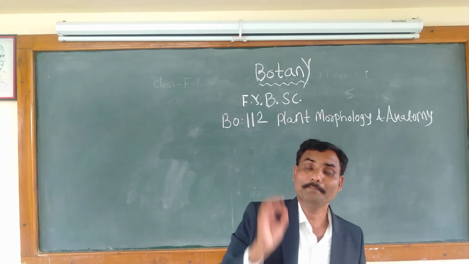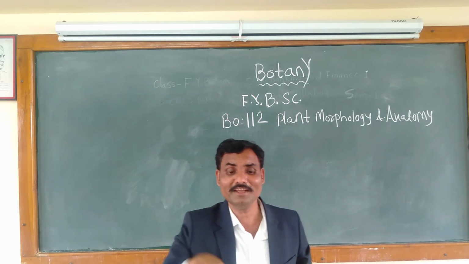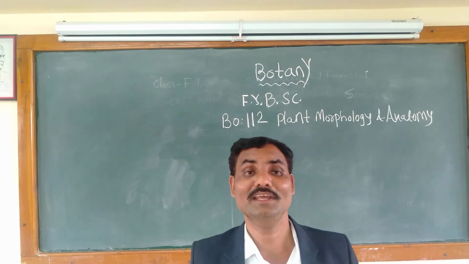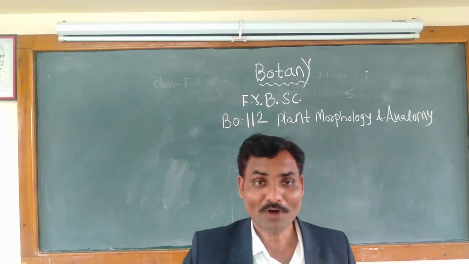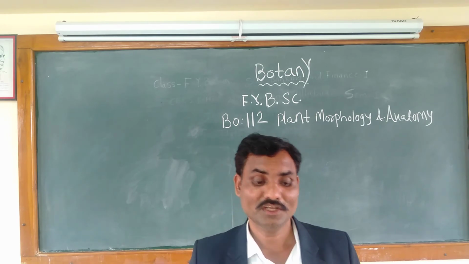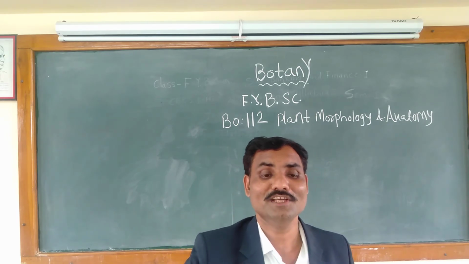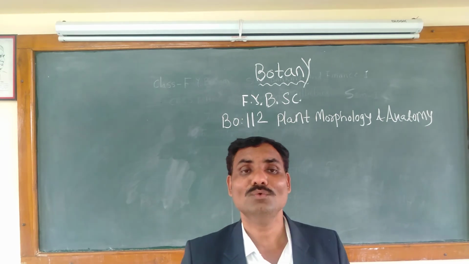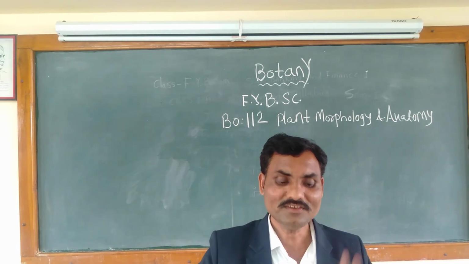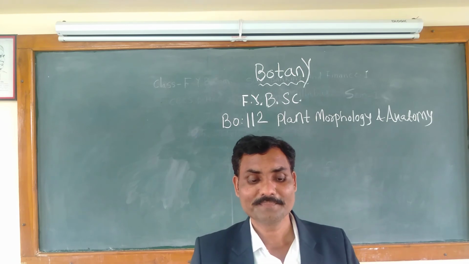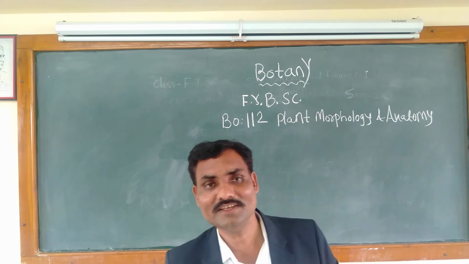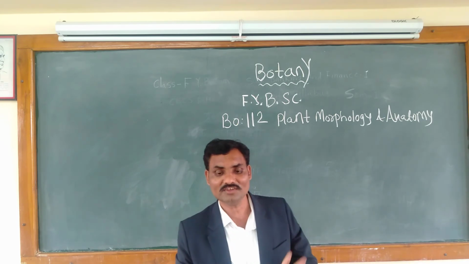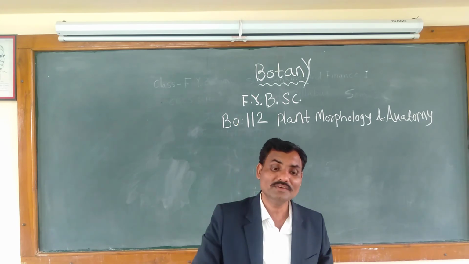Then importance of anatomy in taxonomy, importance of anatomy in physiology, importance of anatomy in ecological interpretations. Then pharmacognosy and wound identification. Means the importance of anatomy in different aspects, that is pharmacognosy and wound identification also.